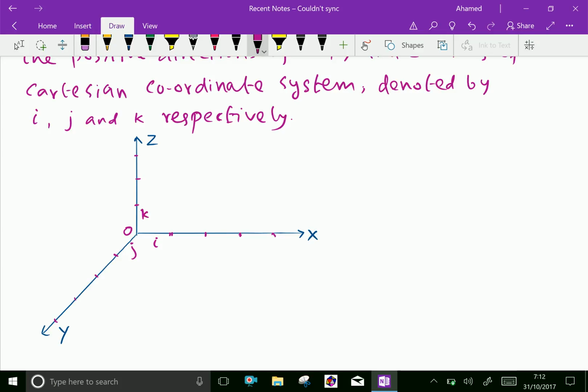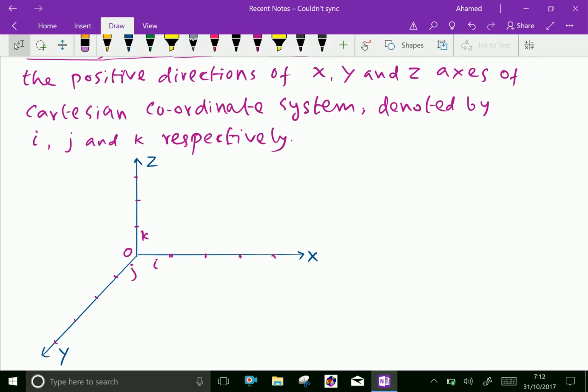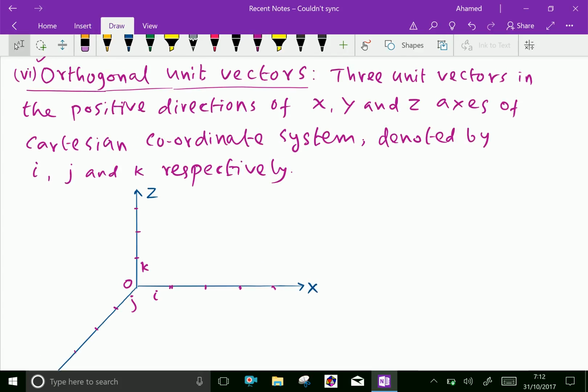Here i, j, k are orthogonal unit vectors. Orthogonal means perpendicular to each other. We use small letters i, j, k, which represent orthogonal unit vectors.